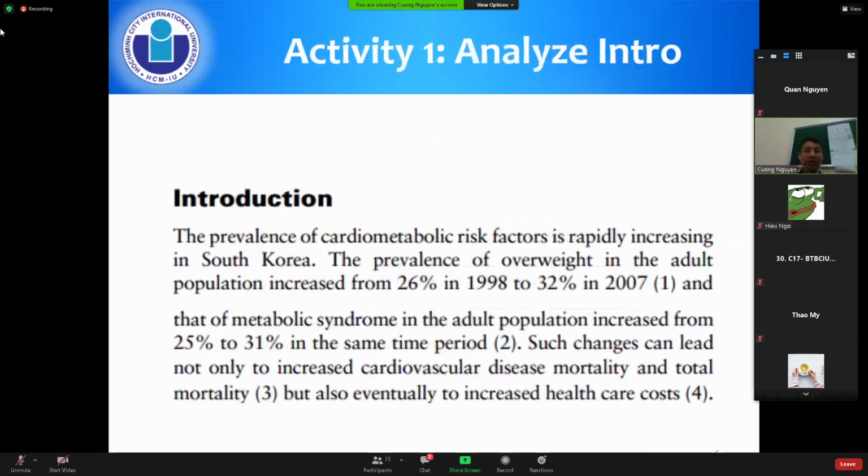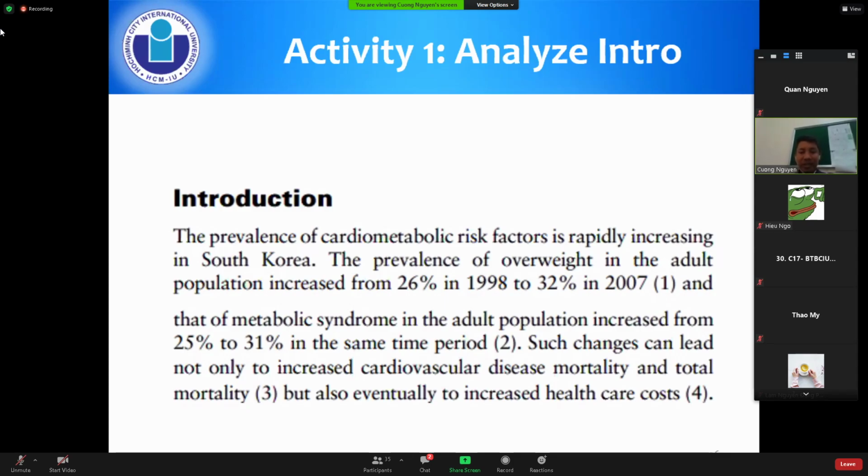You see the first one: "rapidly increasing," simple present. Number 2, "increased," simple past, because it is a lit review, it is in the past. In the same way, "increased from something," again simple past.